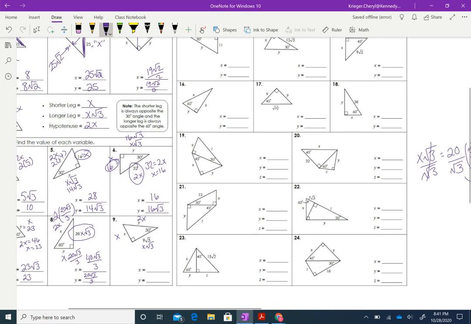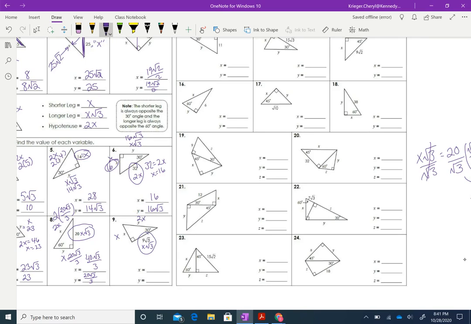Okay, so we set 9 square root of 3 equal to x square root of 3, which hopefully this one works out nicer. If I say 9 root 3 equals x root 3, and I want to find x, I would just divide both sides by root 3, which leaves me with 9.